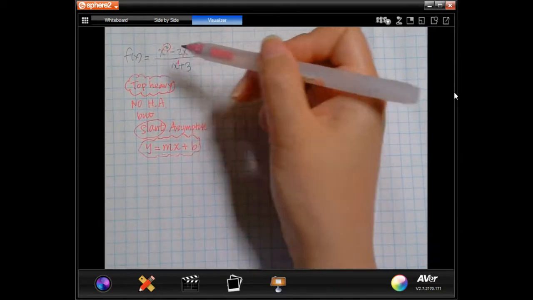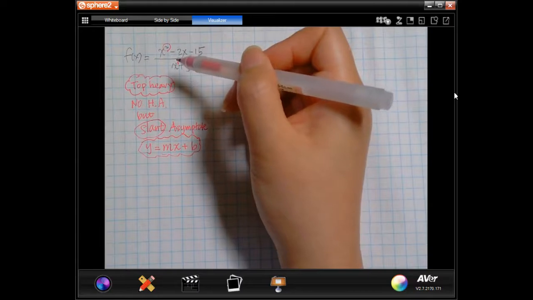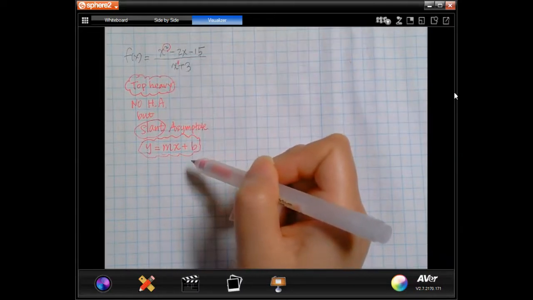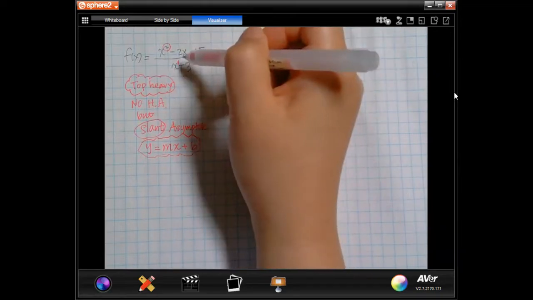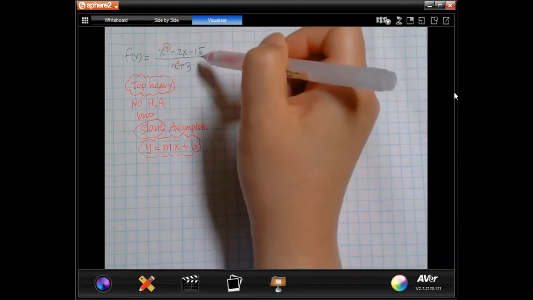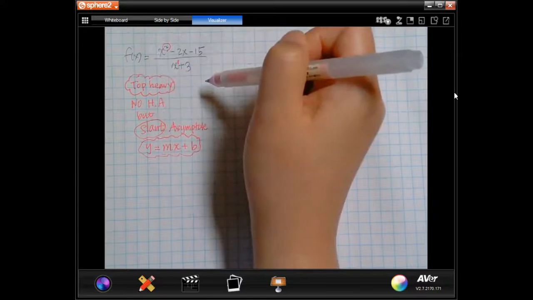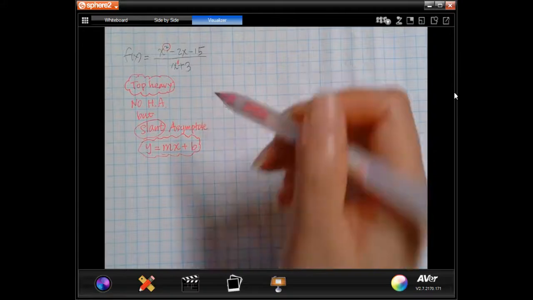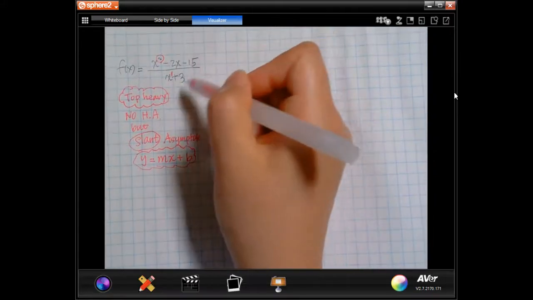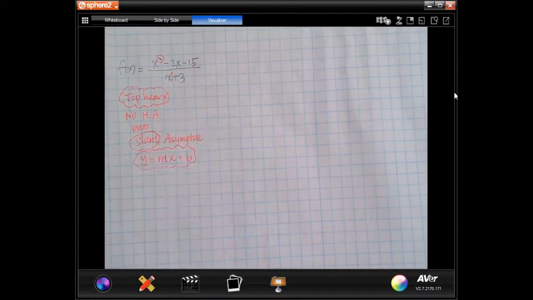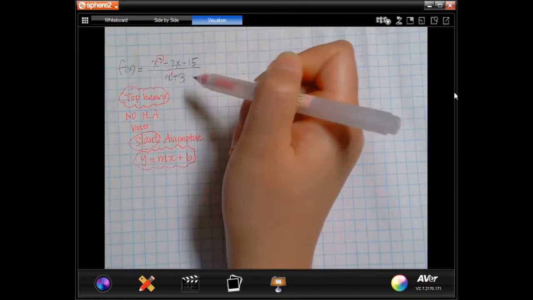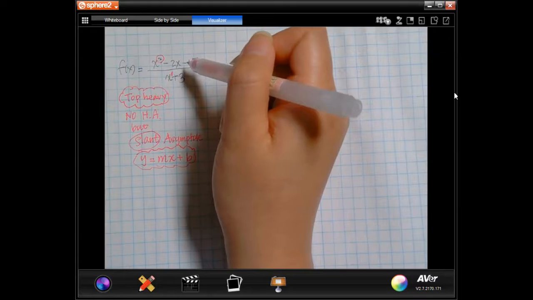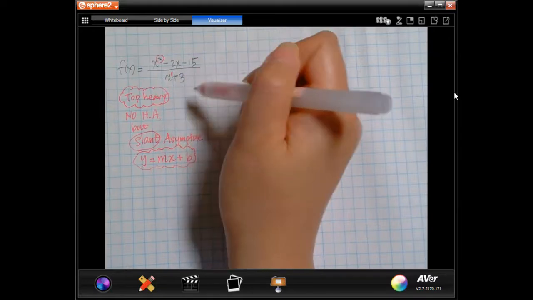But unlike previous examples, the way that you get the equation for the slanted asymptote does not come automatically from just looking at it. You do have a procedure to find it. The procedure is this. As I mentioned earlier, this is essentially a fraction. Whatever you have on top is getting divided by the bottom.